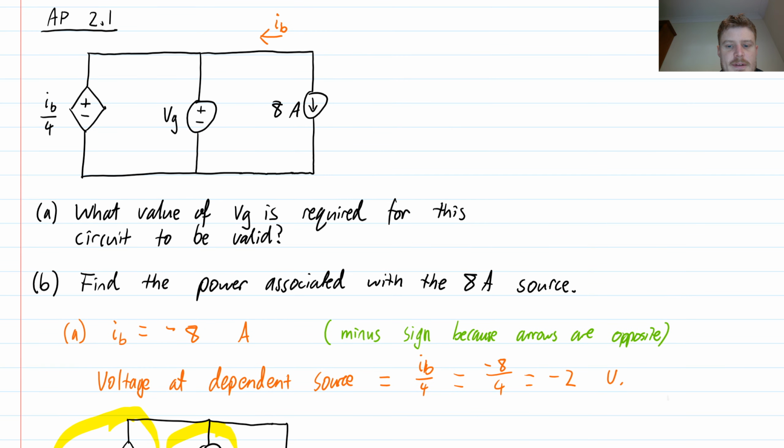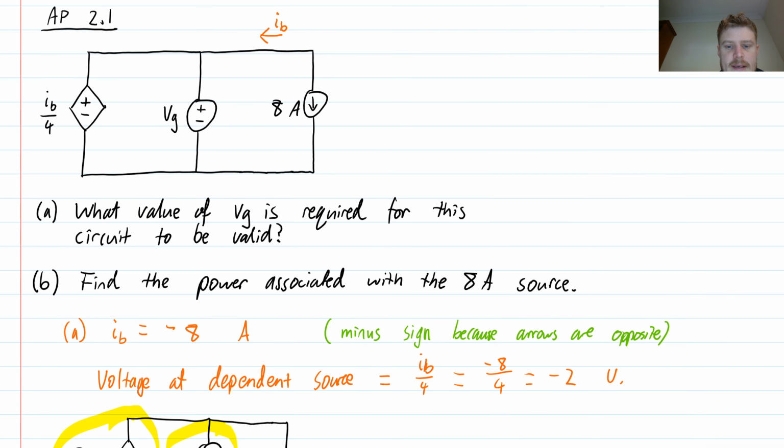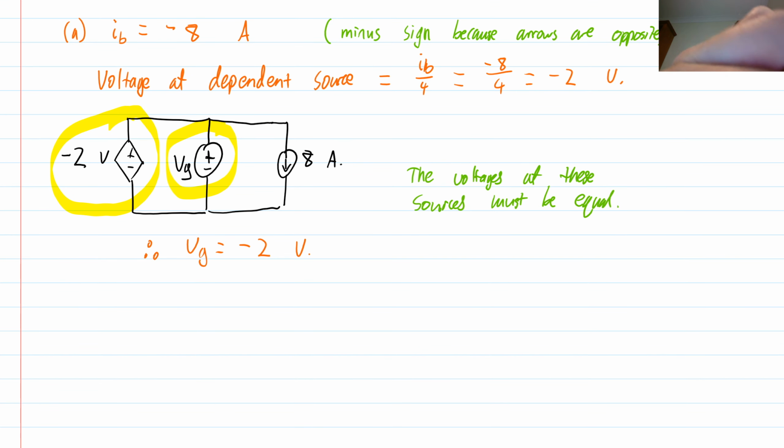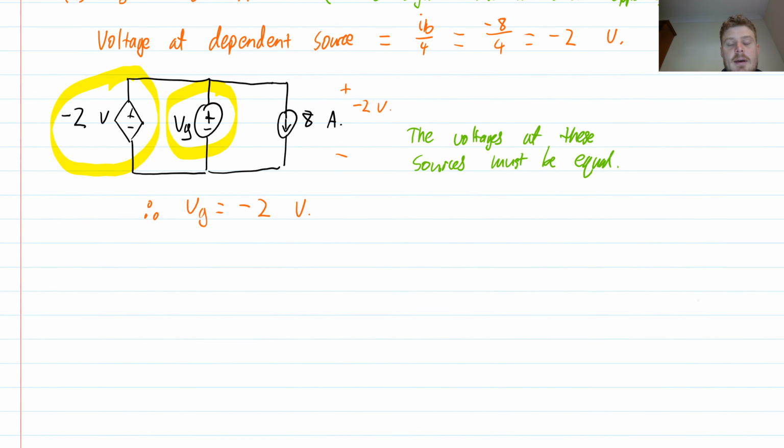Now, part B of this question is find the power associated with the 8 amp source. So if I have here my voltage across my source, and I know from what I've just calculated that this voltage here must be minus 2 volts, then I can use my equation to calculate the power.